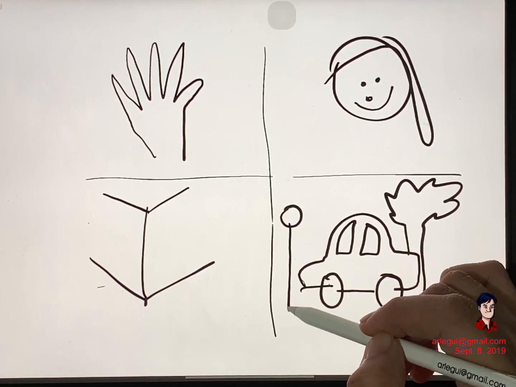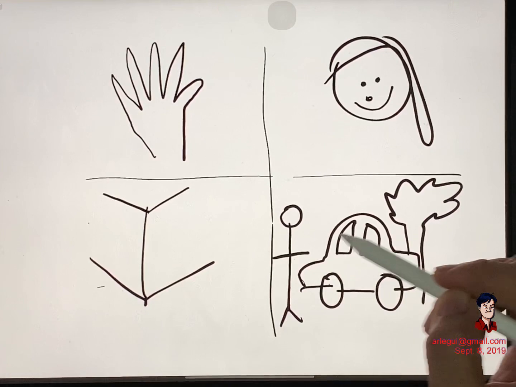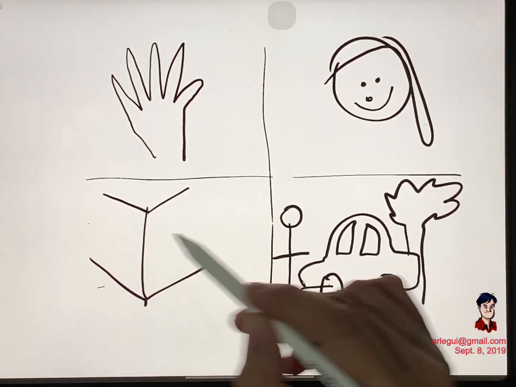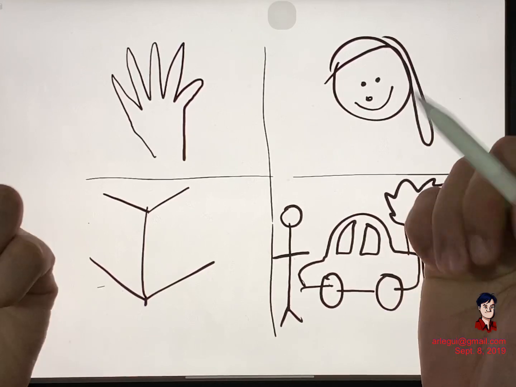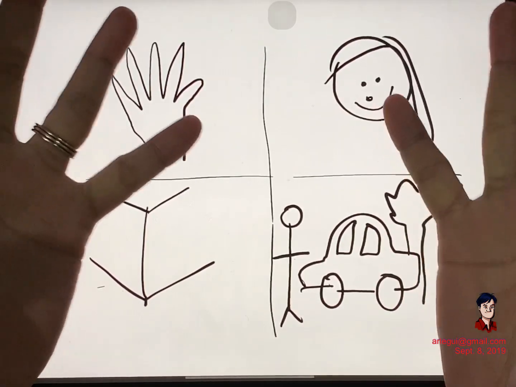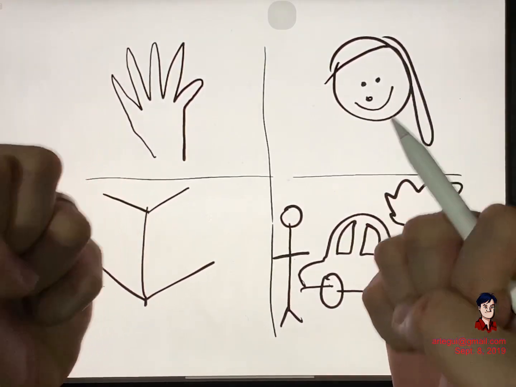Your human figures would be like a stick figure, and a car design is from what you know how to draw a car when you were in kindergarten.